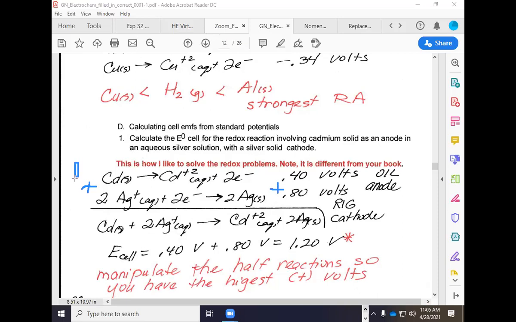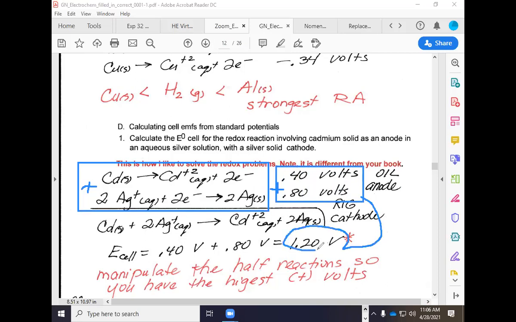Okay, so I'm going to add up my half reactions, and then I can get the overall. And then separately, I will add up my volts.